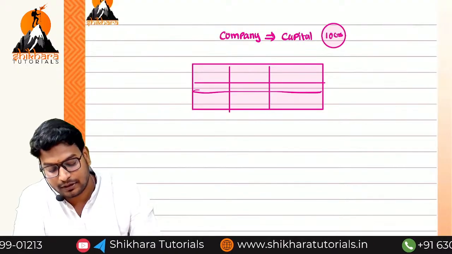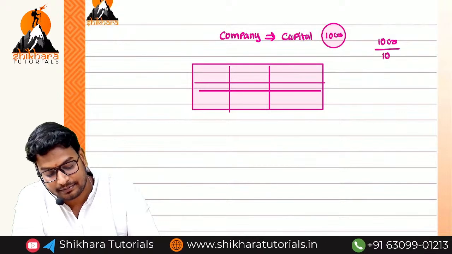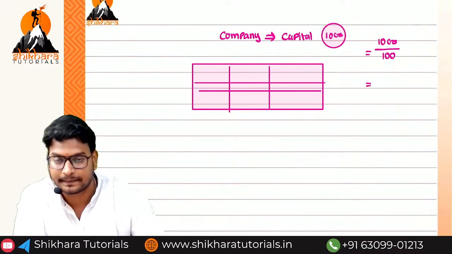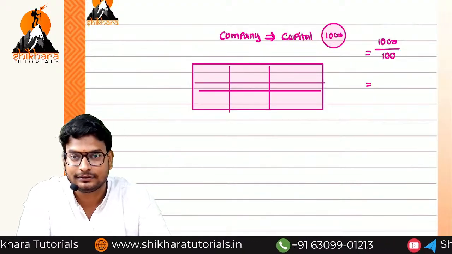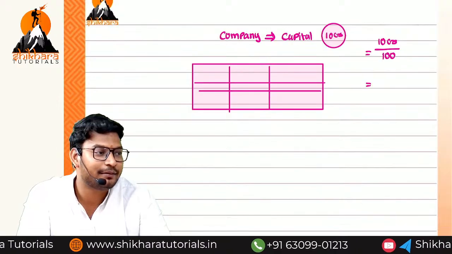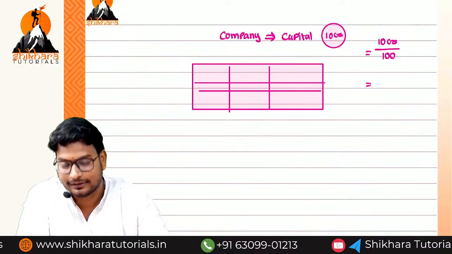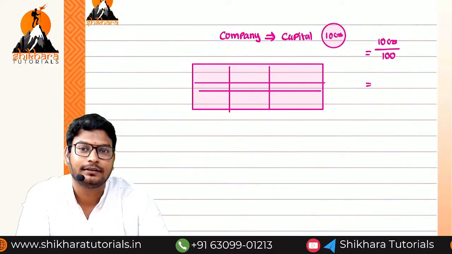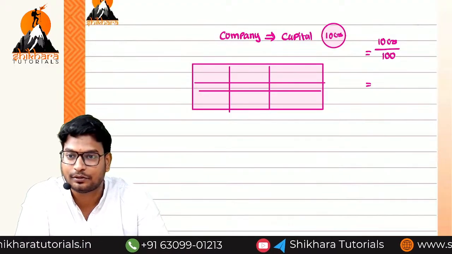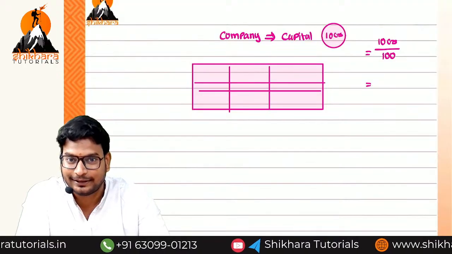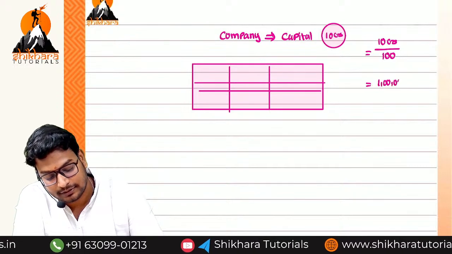So how many parts? 100 parts. 10 crores divided by 100 parts, what is the cost of each part? 10 crores divided by 100: 1 crore is 100 lakhs, so each part cost is equal to 1 lakh.